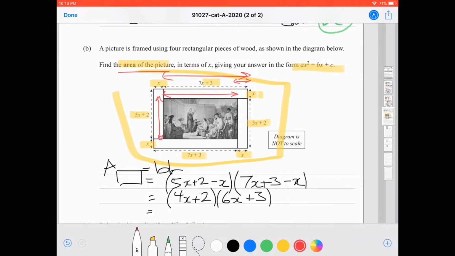The question asks us to give our answer in the form ax squared plus bx plus c. So using the FOIL method, first, outer, inner, last, we're going to say 24x squared plus, we've got 12x plus 12x is 24x, and plus 6.